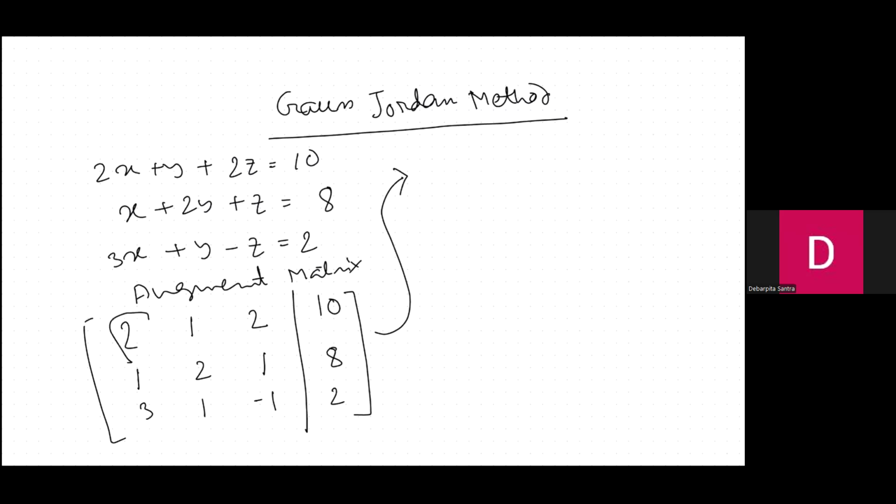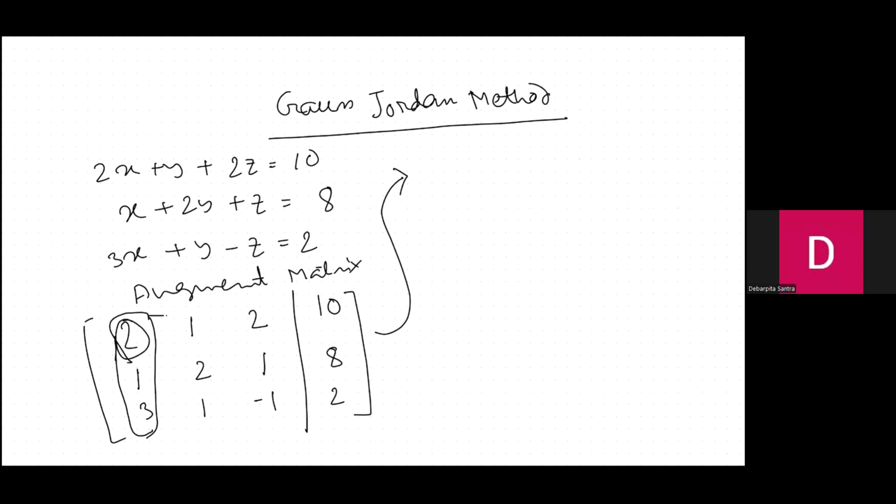Instead of 2 at this position, this should be 1, and below it there should be zeros: 1, 0, 0. That should be our first column. Do not look at the other columns. First focus on the first column of the augmented matrix, and once it is done, jump to the next column.